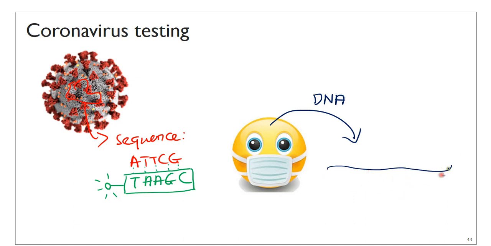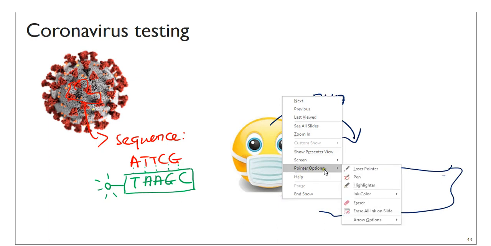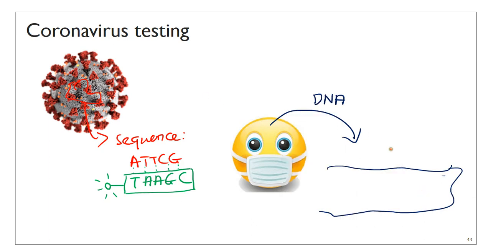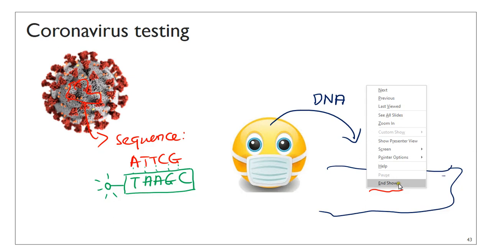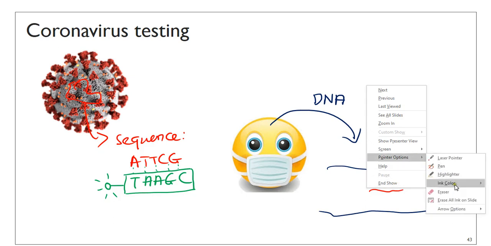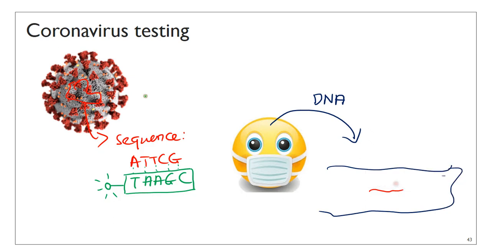But you're going to put this primer into their DNA, or into their cell, really. Let's say this person actually is infected with coronavirus. So they have their DNA, and then there's the coronavirus DNA in there, and they both will be in the sample. So you put the primer into the sample, you put this in here.